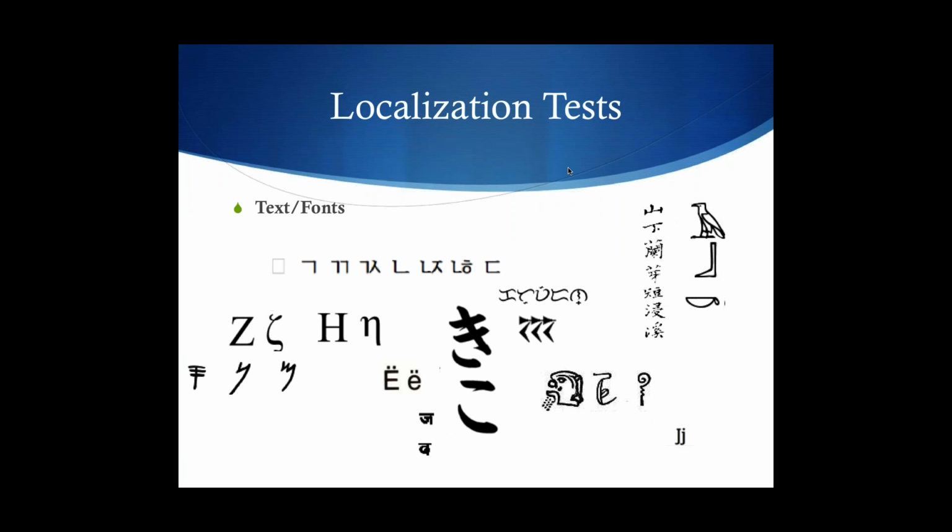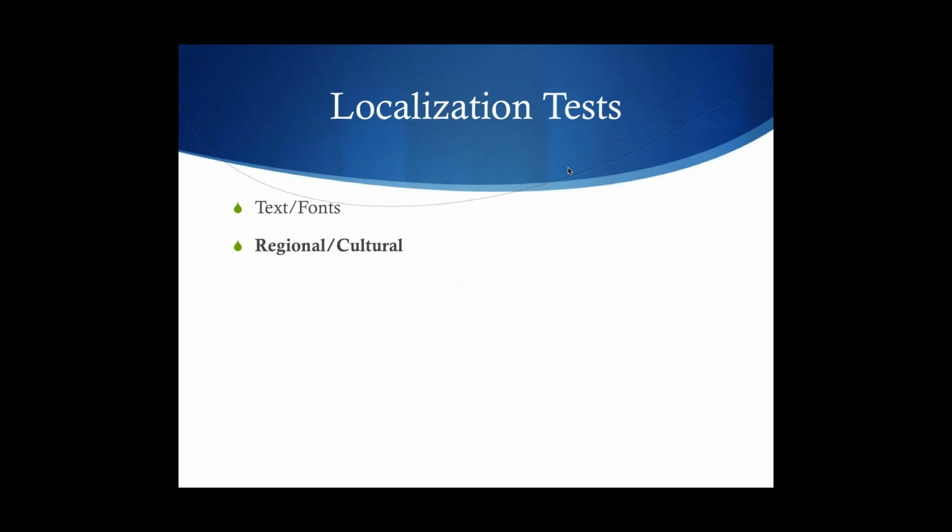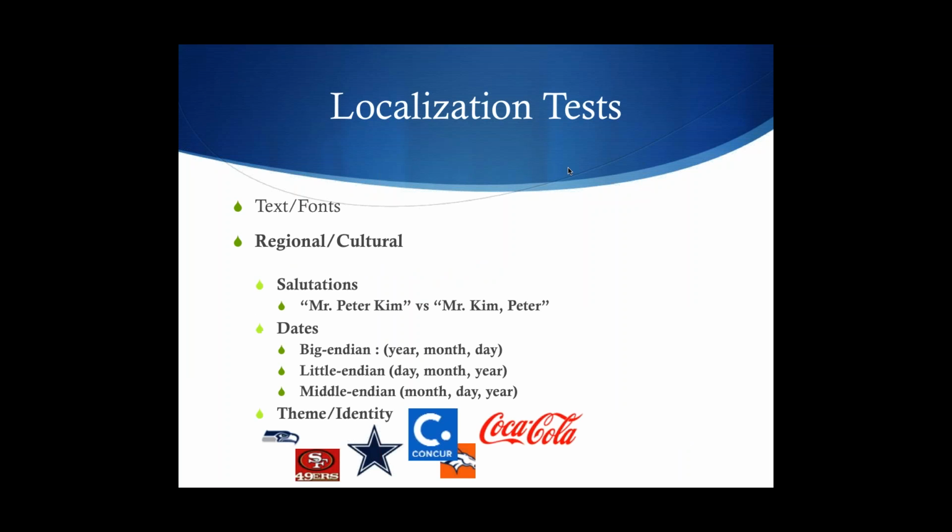So when you're testing localization, you have to be able to recognize and identify different types of text and fonts, because now your web application, your website, needs to be able to support a bigger audience, hence different text and fonts. Your localization test should also be able to cover regional and cultural salutations, dates, themes, and identity.